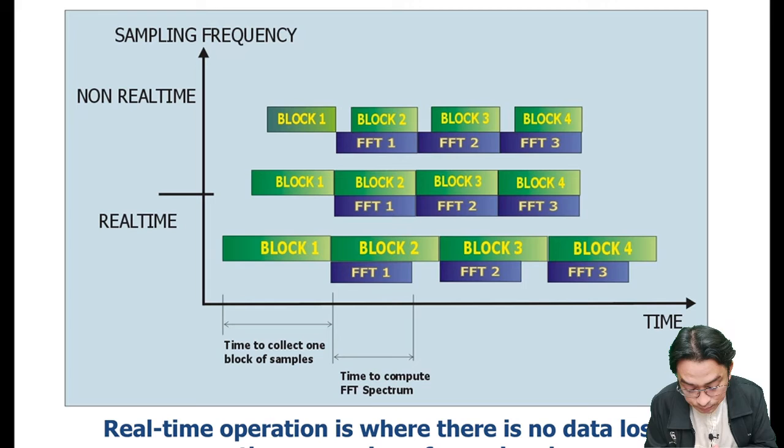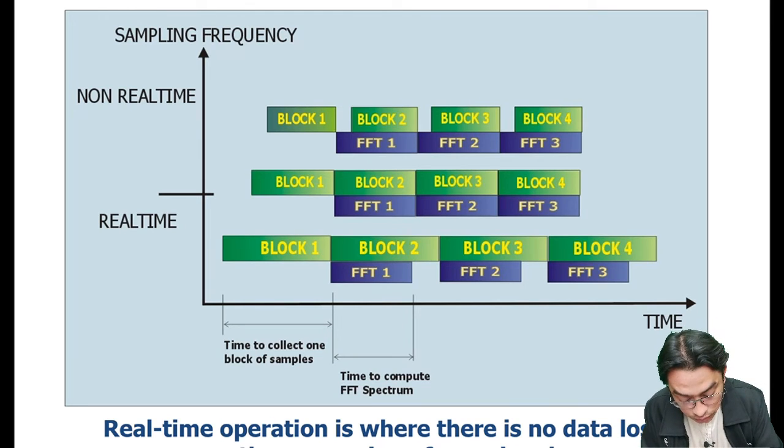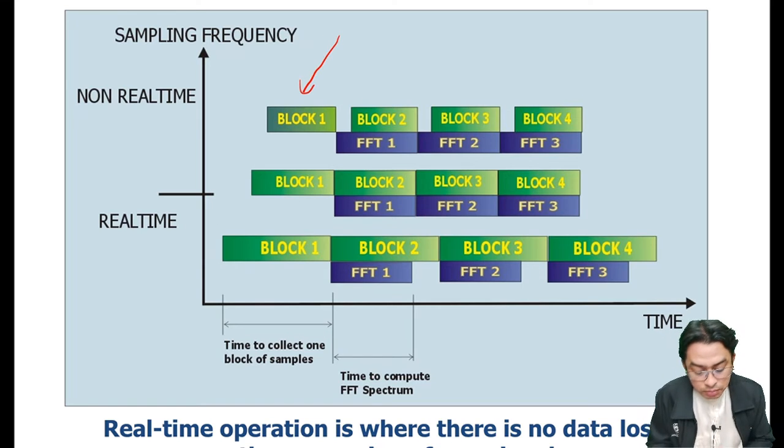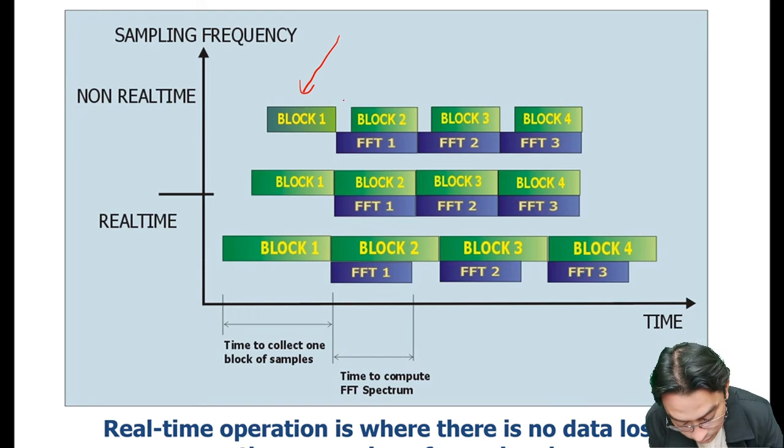So let's say for the first block, if you see the figure there, if we have delay in here, after the first block, it will calculate the FFT for the first block, and then the second block appears here, and after that it will show the FFT for the second block.